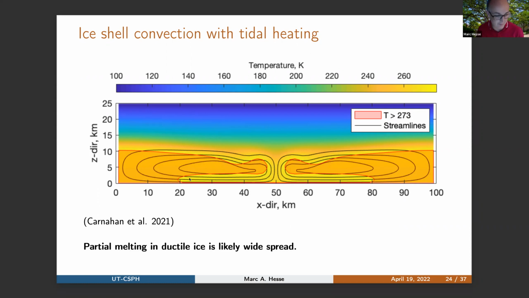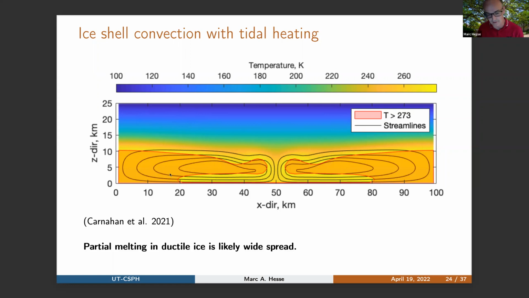And the reason this happens is that ice shell convection is internally heated, right? So there's tidal dissipation that increases with the temperature, that is highest somewhere near the melting point of ice. And so in that lower region, we have huge amounts of tidal dissipation that is essentially like a source term in the energy equation.